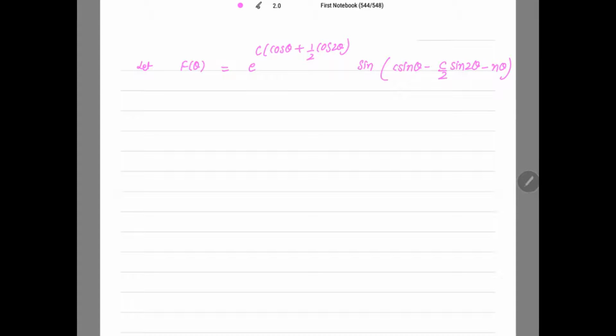This is your f theta. You need to check what is f of 2 pi minus theta. So you have to put, instead of theta, 2 pi minus theta and check the value. That will come out to be minus f of theta. And whenever this happens, we say that the integration is 0. So what are we left with?